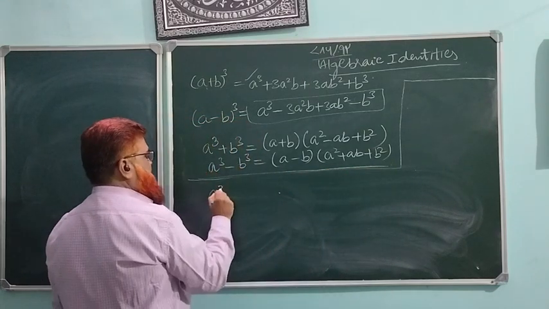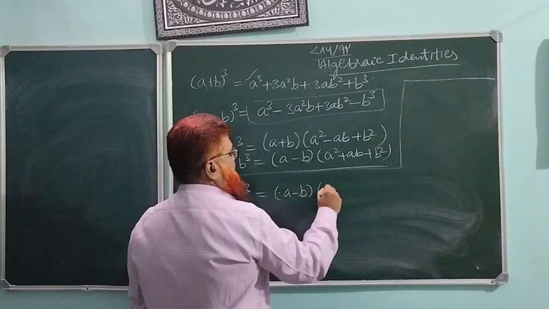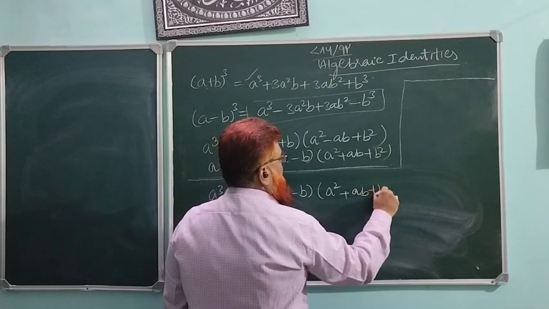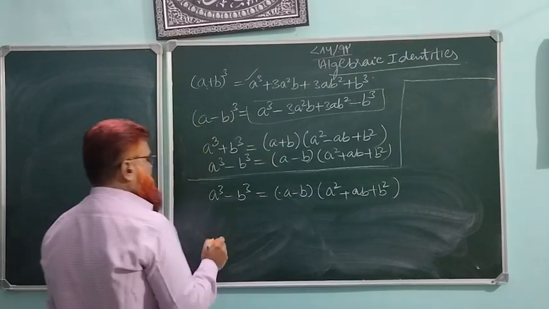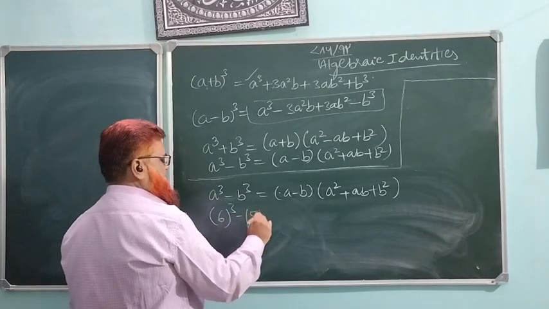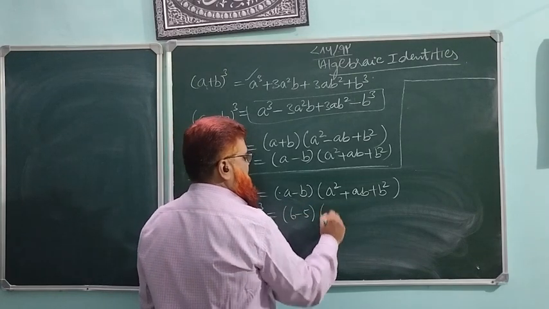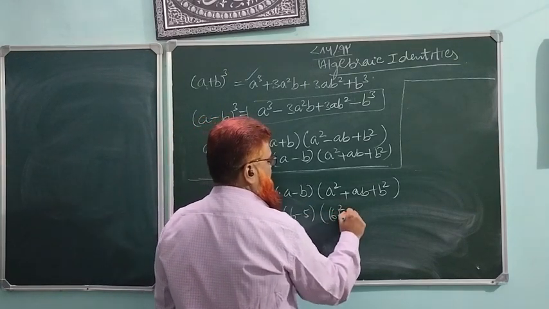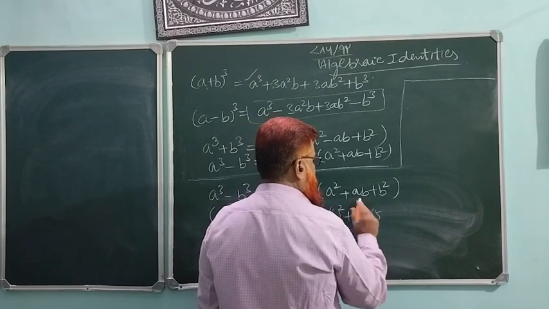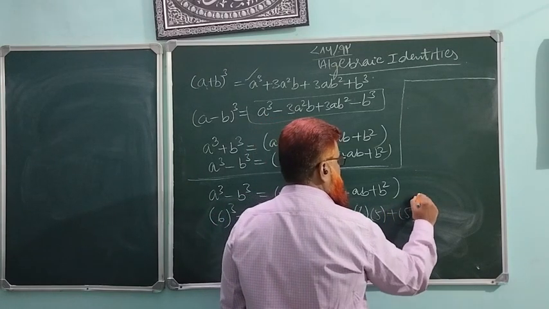Next it is a cube minus b cube is equal to a minus b, a square plus ab plus b square. What values did we take last time? This is 6 cube minus 5 whole cube, which is equal to 6 minus 5 into 6 square plus 6 into 5 plus 5 whole square.